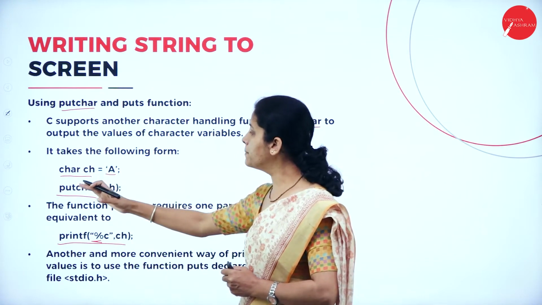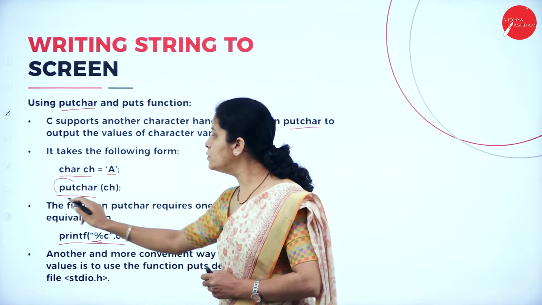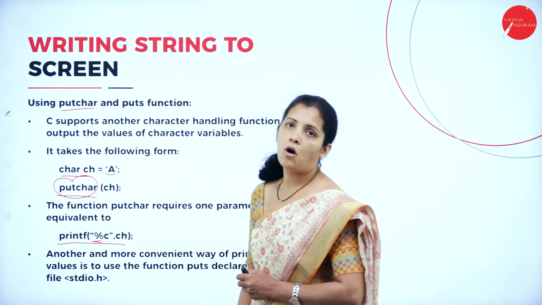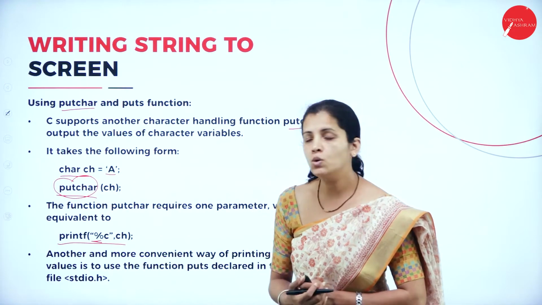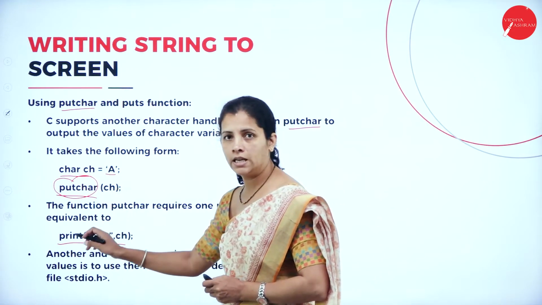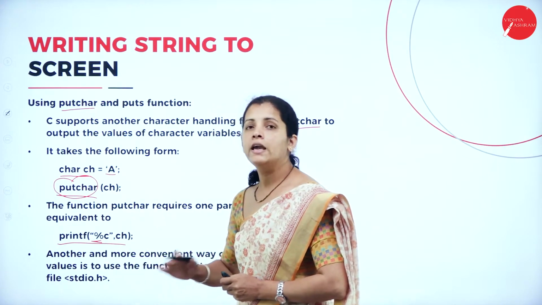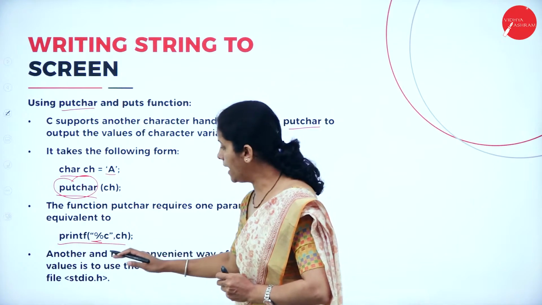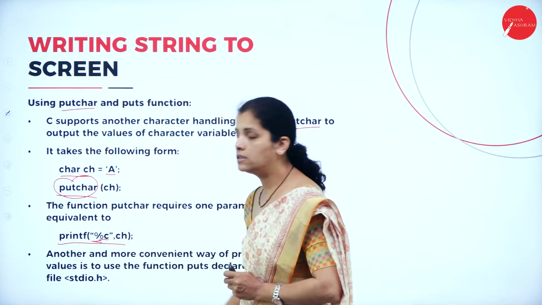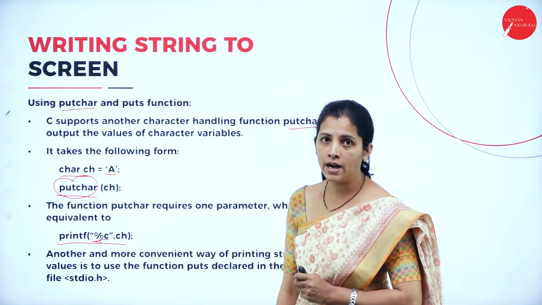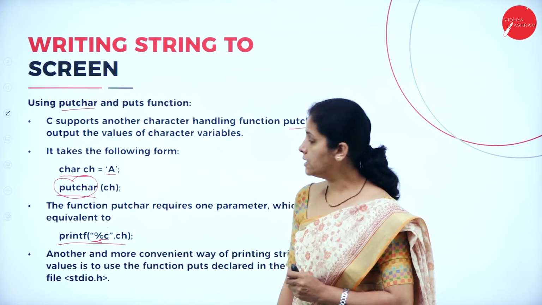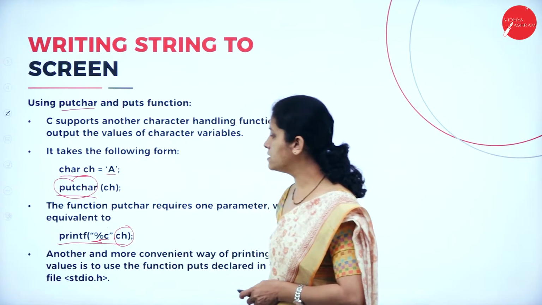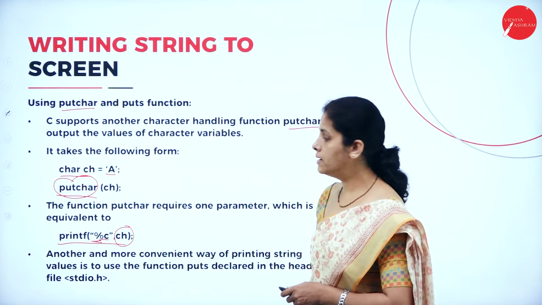So, both are the same. Here, I can use the built-in function putchar, or I can go with the printf statement. If I follow the printf statement, then for a character, the format specifier is %c and I specify the variable.